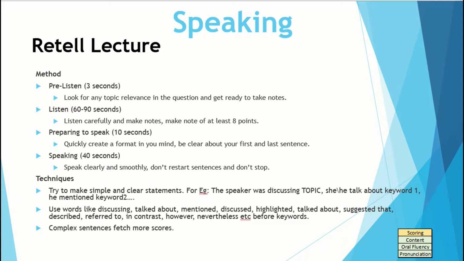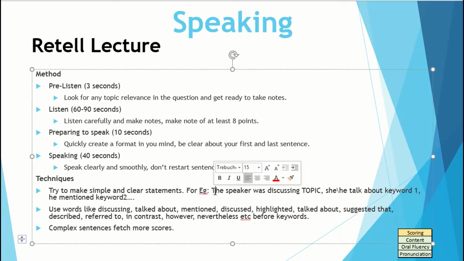Now, before you are ready to speak into the mic, just make sure that you have a quick format in your mind. If you're not really creative with speaking, just make sure that you stick to the format that I've given you in the technique section. Look at the first section here. It gives you a rough format that you could stick to.